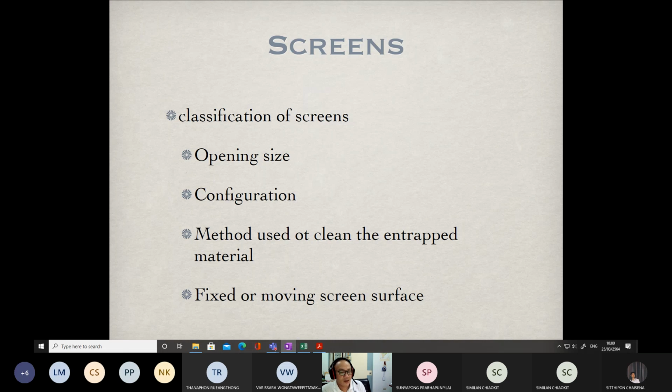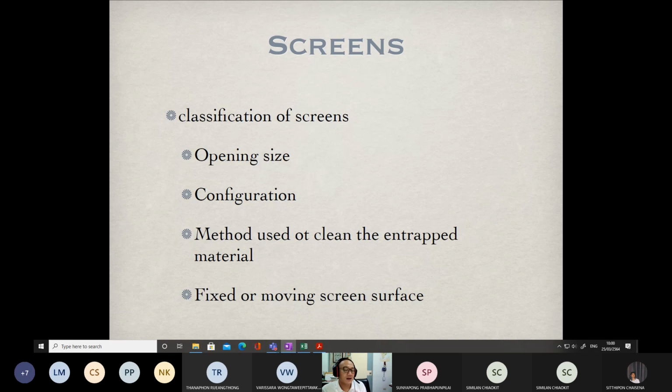For configurations, we can say it can be just bar screens or drum screens or any other forms of installations. For the method used to clean, it may be automatically cleaned or manually cleaned.